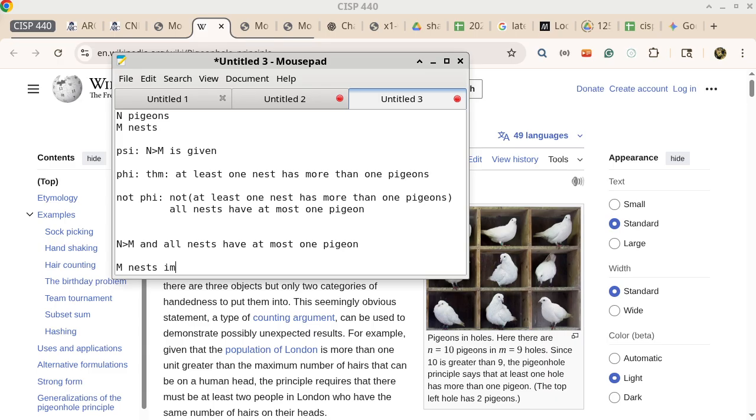So m nests implies at most m pigeons. So this means m is greater than or equal to n. Does that make sense?